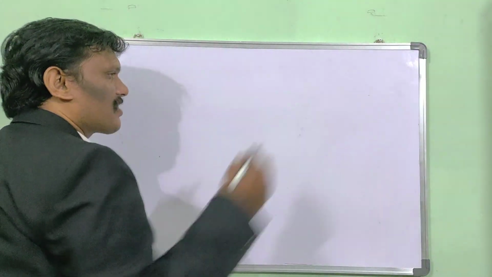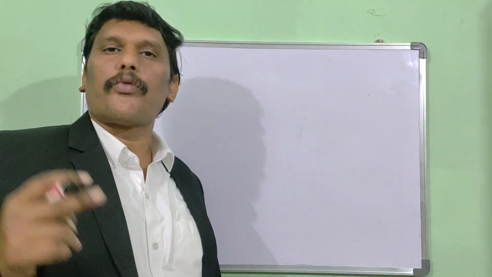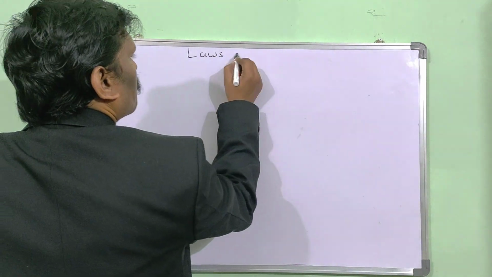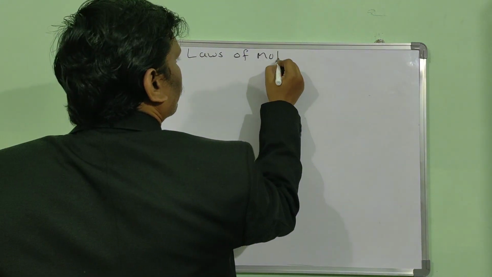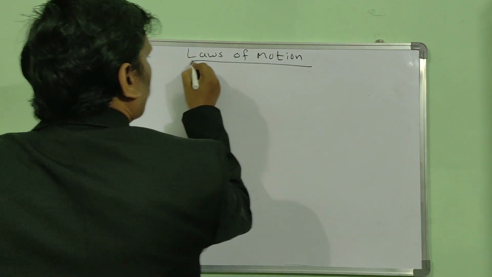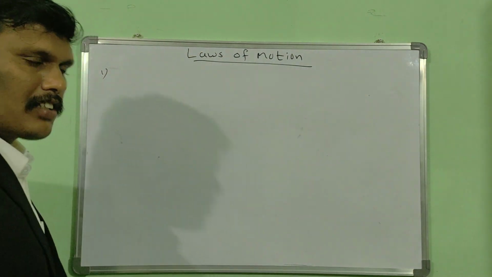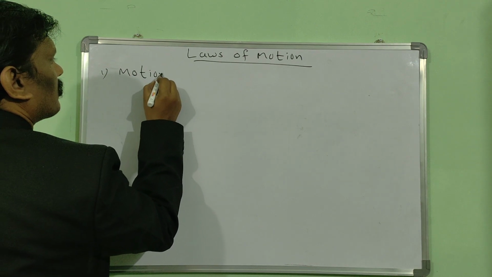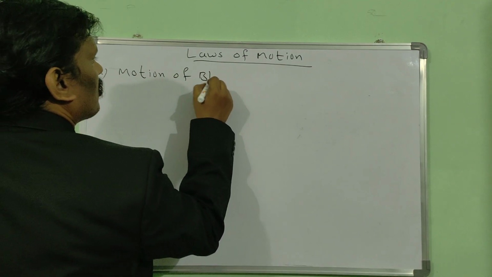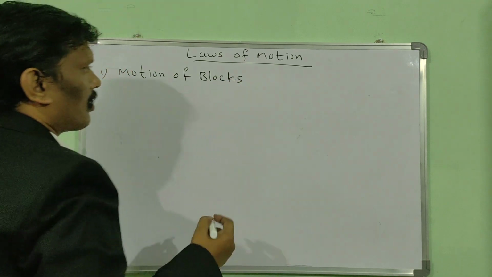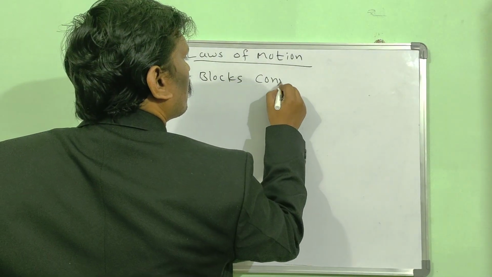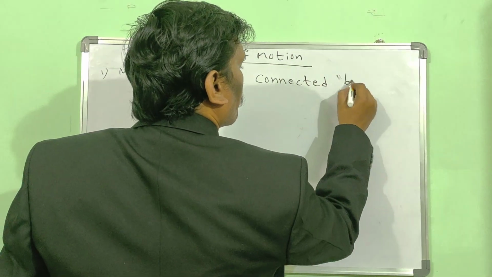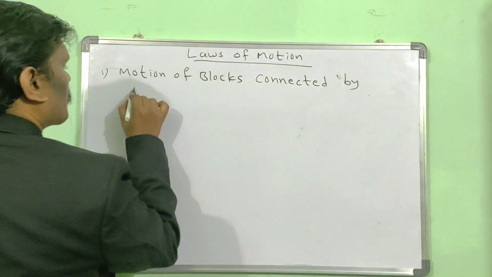Today we are going to discuss the two most important concepts in laws of motion. The first concept is motion of blocks connected by massless strings.